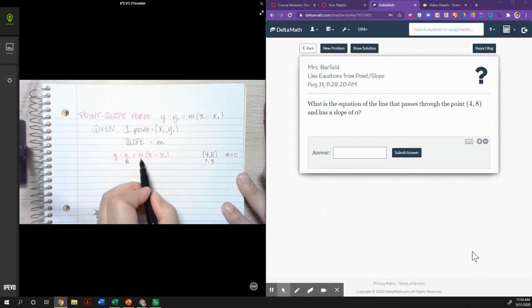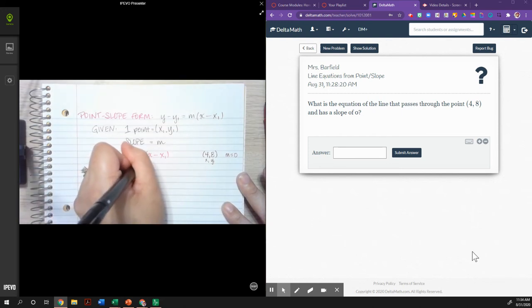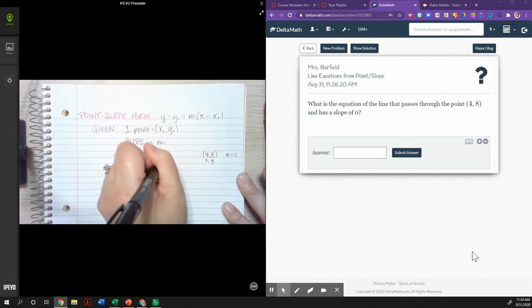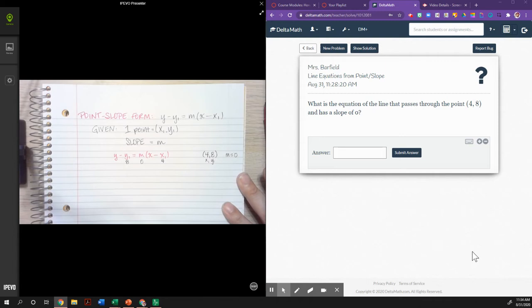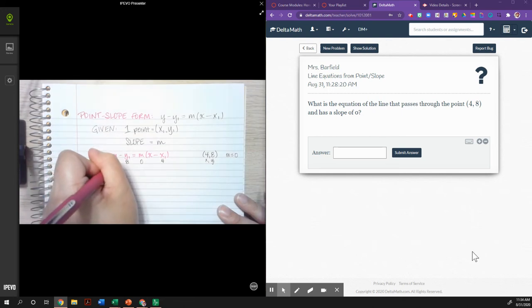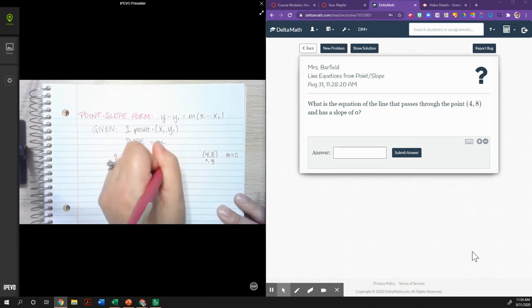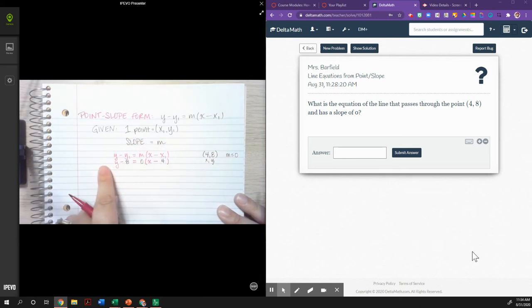I've been given an m, m was 0. And I've been given x1, which is 4, so I'm going to put 4. And then I'll use a different color so you can see exactly what I'm going to bring down from the formula. So y minus 8 equals m times x minus 4, in parentheses.